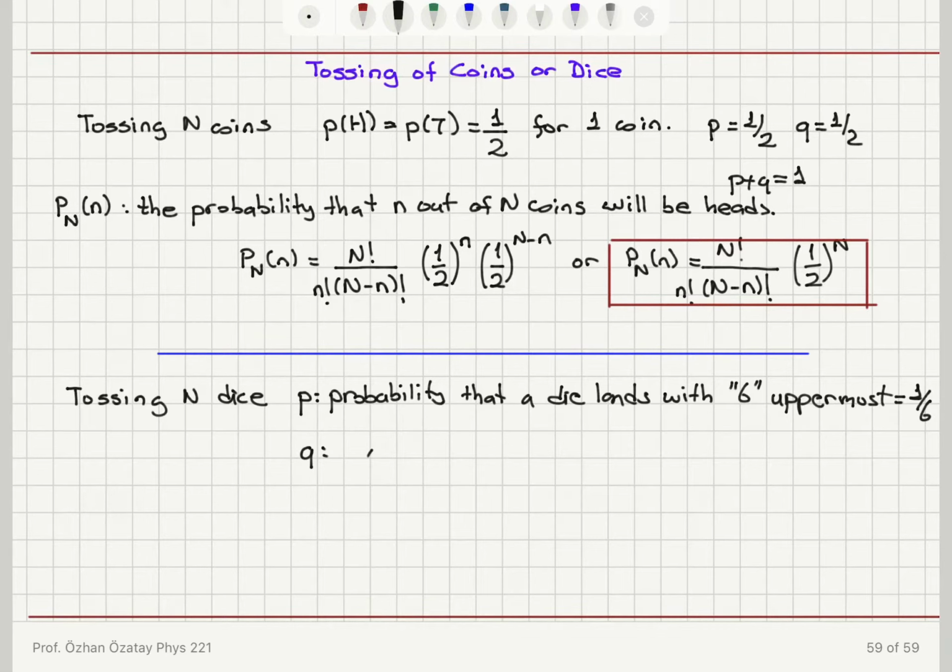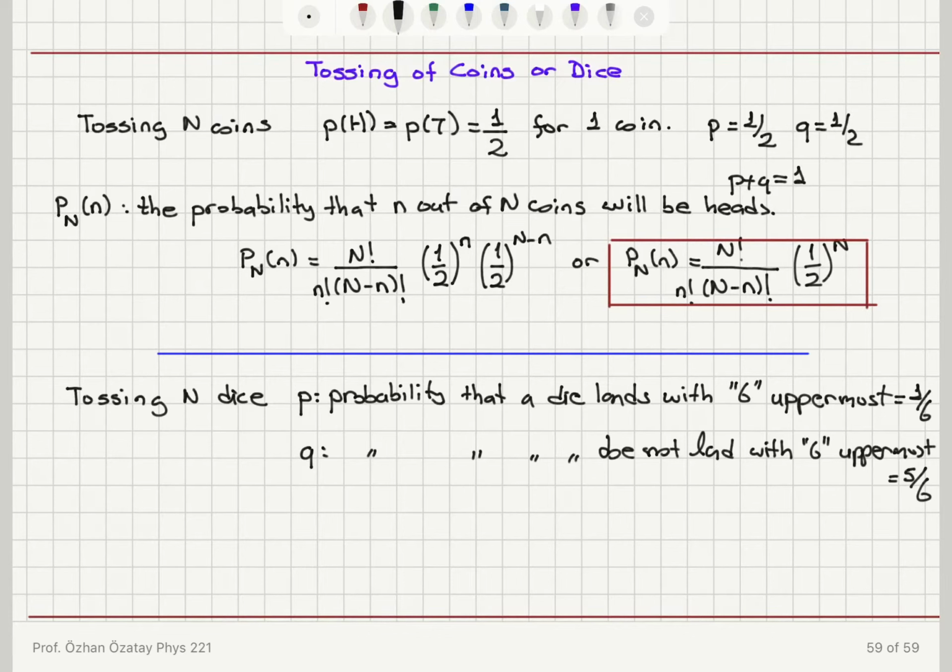Q is the probability that a die does not land with 6 uppermost. This probability is 5 over 6, because if it doesn't land with 6 uppermost, that means it is either 1 or 2 or 3 or 4 or 5.